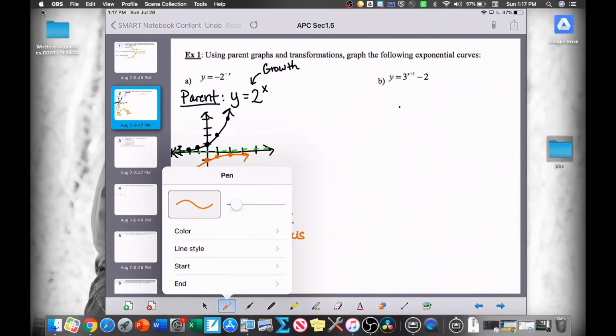Now let's take a look at letter B, and again, we will start first by graphing the parent function.